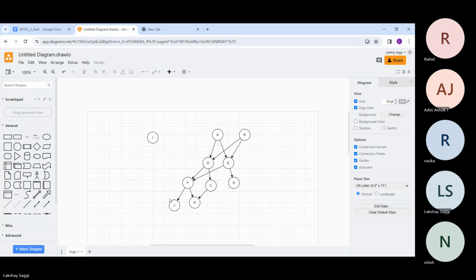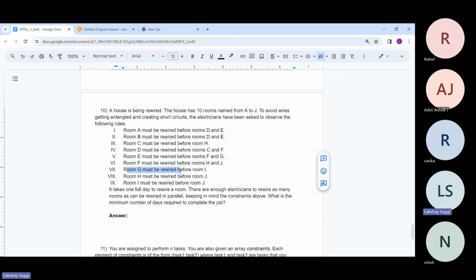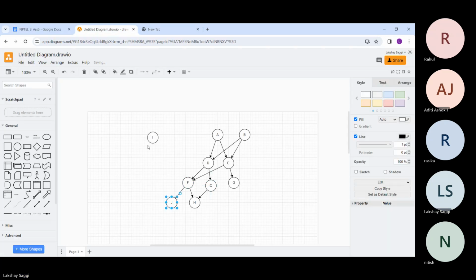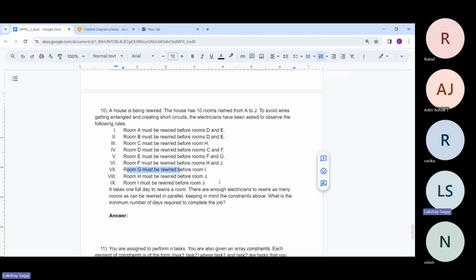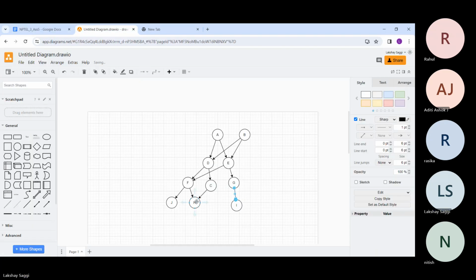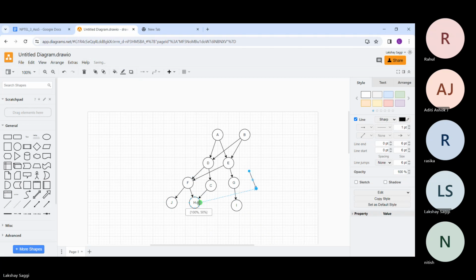And now we also have that G must be rewired before room I. So let's say we move I here, and G must be rewired before I. So I'm just trying to construct the graph here. And then H must be rewired before J, so H to J will also be an arrow.